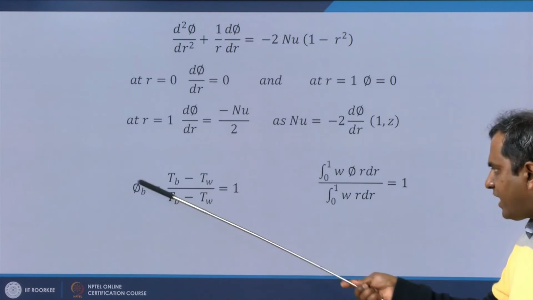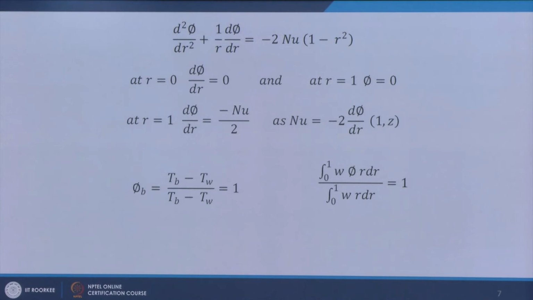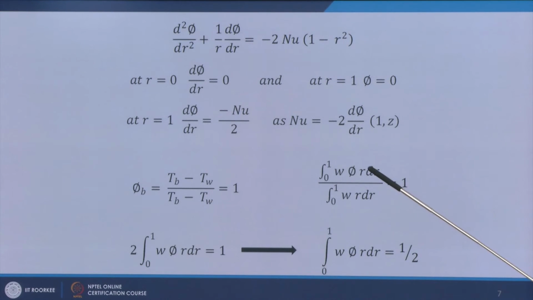From the concept of phi b, which we discussed in the 11th lecture, we can write that phi b is nothing but integral 0 to 1 of W phi r dr times 2 divided by integral 0 to 1 of W r dr. Now if this is equal to 1, as we know the profile of W, which is 2 into 1 minus r square, this integration is very simple and gives nothing but half. So integral 0 to 1 of W phi r dr is equal to half.